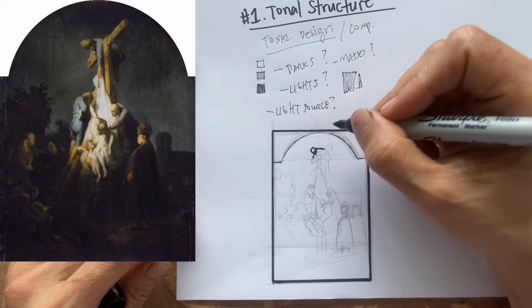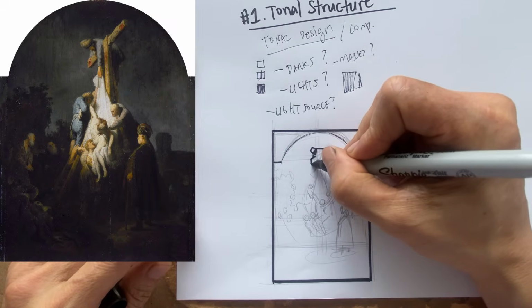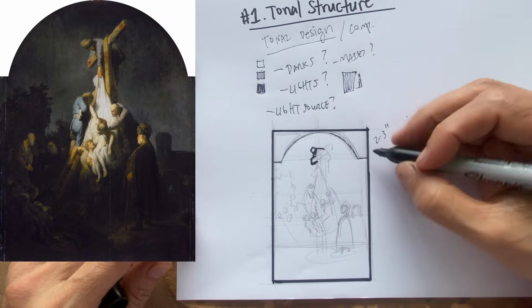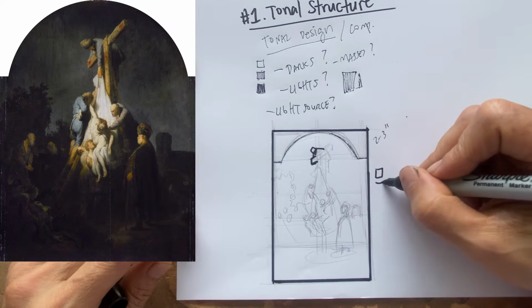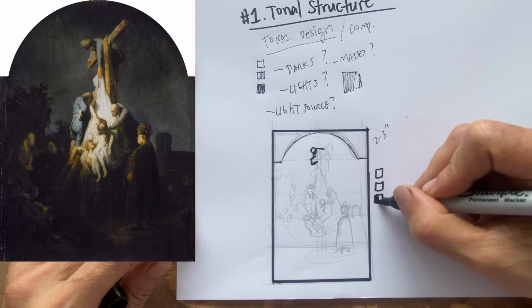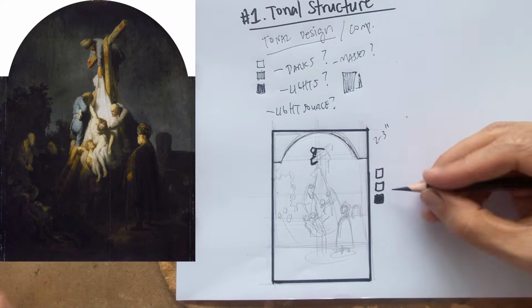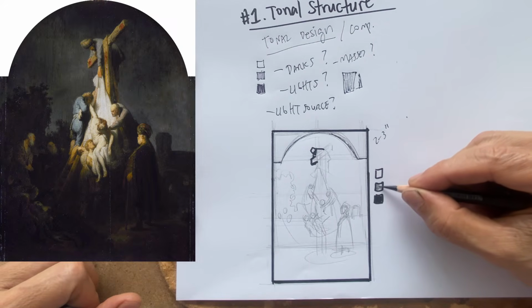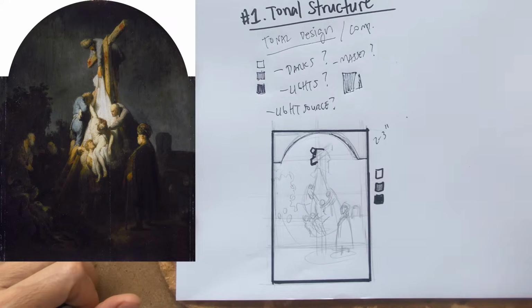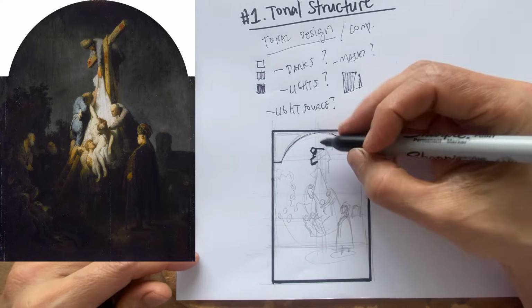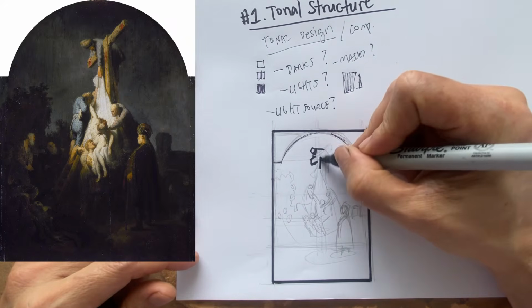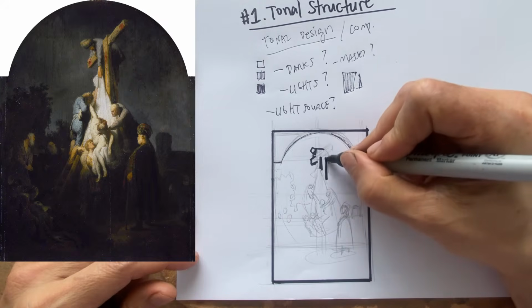Because really, there is not much midtone here. That's what I'm seeing. When I look at this, I see mostly black, and the midtones are quite dark. So that's the tonal structure I see. 3 values. So it's important to gauge that.